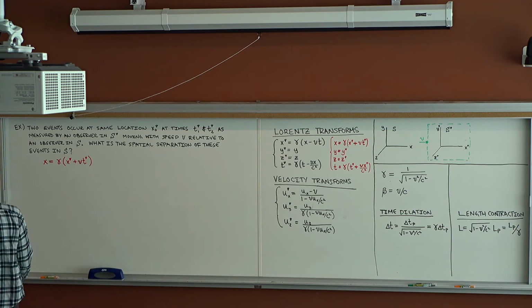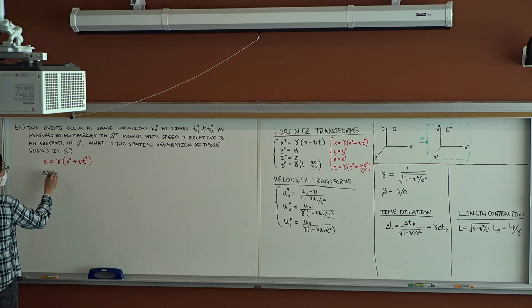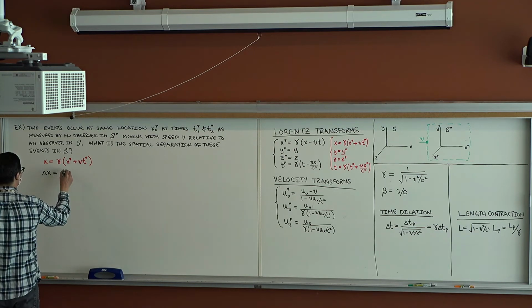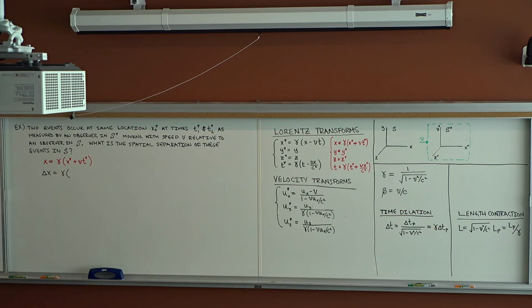Okay, so then delta x should just be our statement for event 1, statement for event 2, right? And so we're going to say gamma times, what was the location of event 2 in the primed frame?